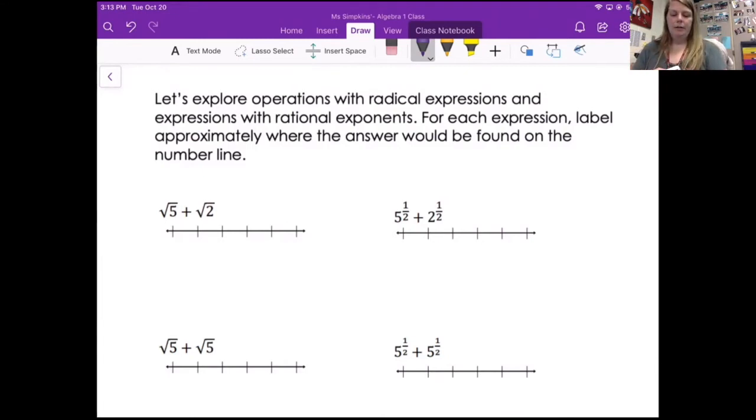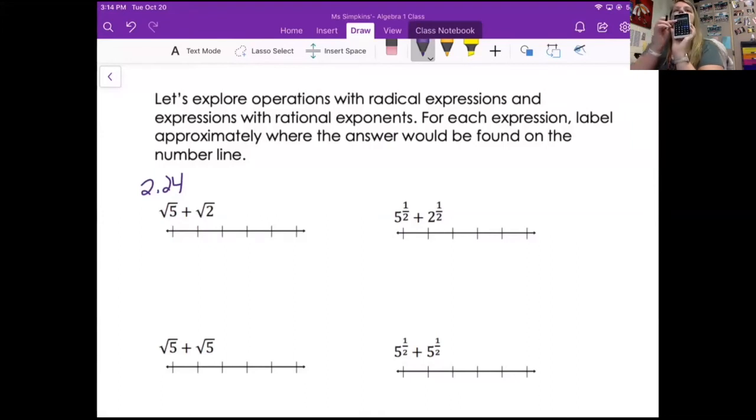So use your calculator. If you don't know where the square root button is on this white calculator, you type in the 5 and you hit shift, and then it's the top button 3rd from the left. It's going to be about 2.24 is what I will estimate it as.